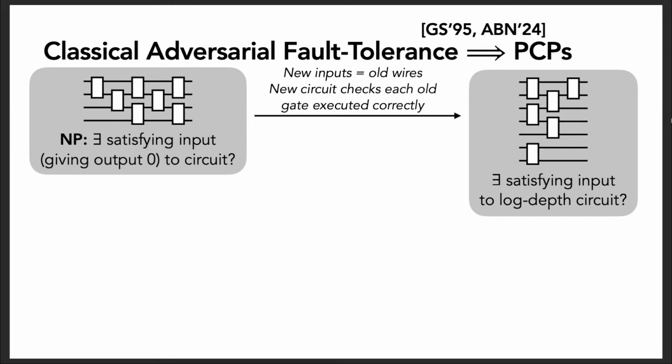That's a local check, because it's just checking 2 inputs and 2 outputs for every gate. Then we take the AND of all of these individual gate checks, and that's a log depth circuit, because we're just computing the AND of a linear number of gates. So we end up with a log depth circuit where there's a satisfying assignment to it if and only if there's a satisfying assignment to our original arbitrary depth circuit.